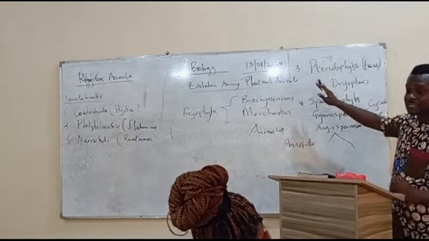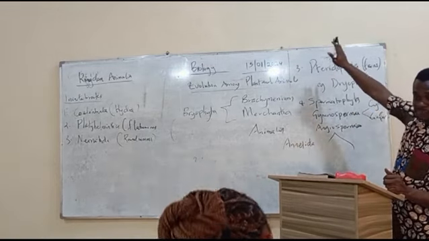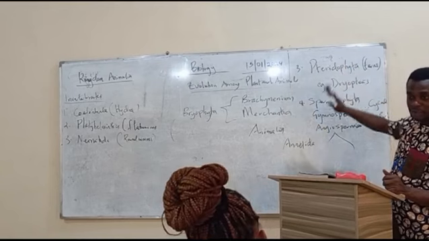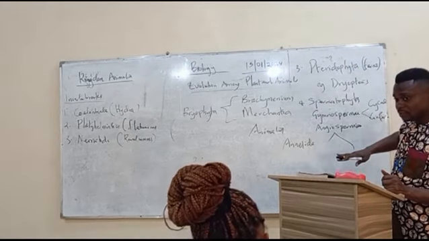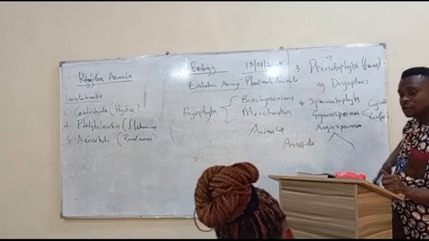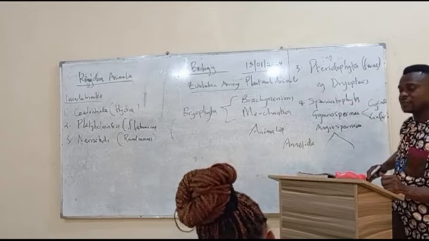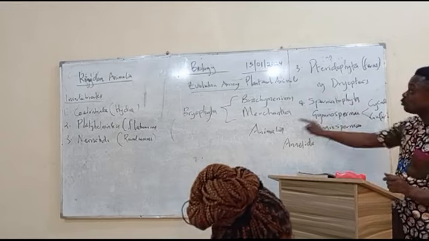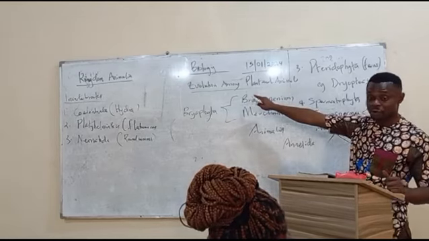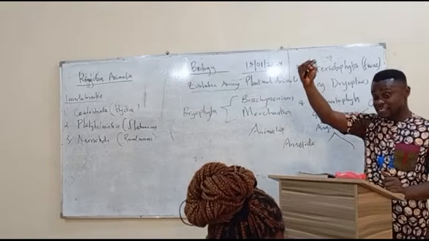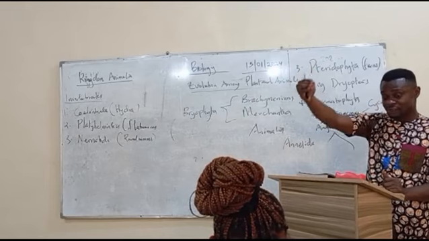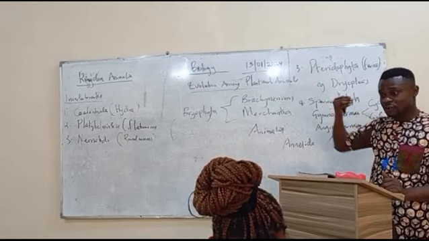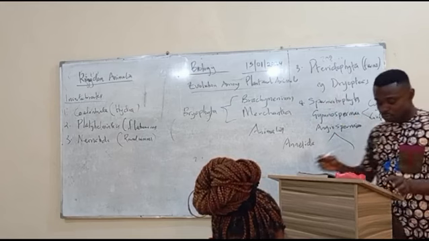Vertebrates start right from Pisces, right? We came down to Amphibia, then Reptilia, then Aves. If you watch, remember the topic is evolution. This is their evolutionary trend, from fish coming down to mammals.